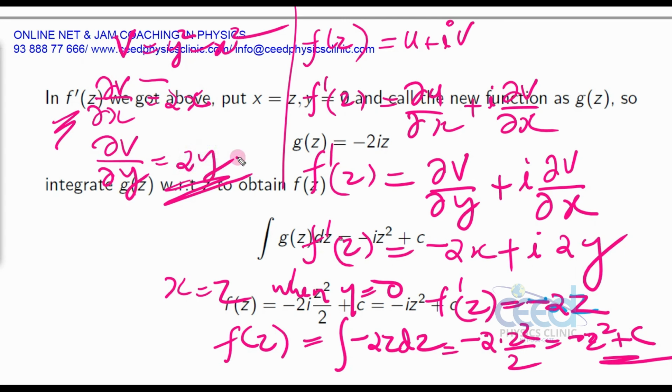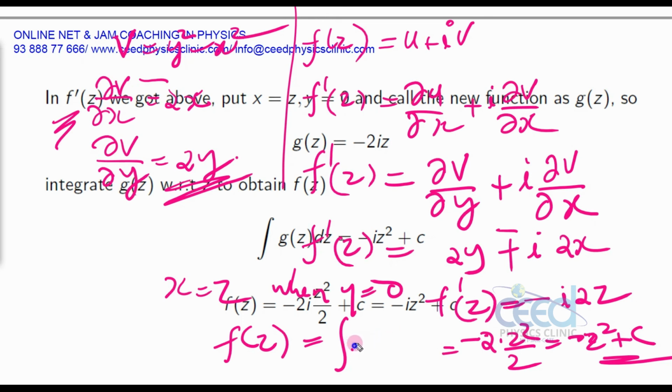So when I am substituting this, we have a problem here, that is ∂v/∂x, that is minus 2x, and here I can give this 2y, and y equal to 0 means, so here I will get minus i 2 into z, x equal to z. So again integrate this, minus i I can take out, so minus i 2 is z, that is minus 2 into z square by 2, right?